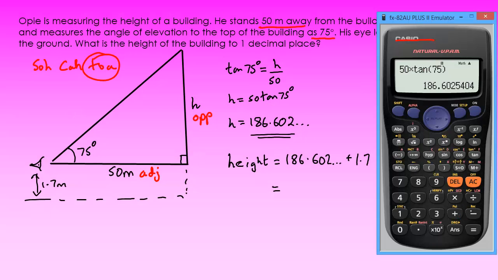So that's what we're going to do. We'll just add 1.7 here. And we want the answer to one decimal place, so I'm going to say 188.3. So that's 188.3 meters, correct to the one decimal place required.